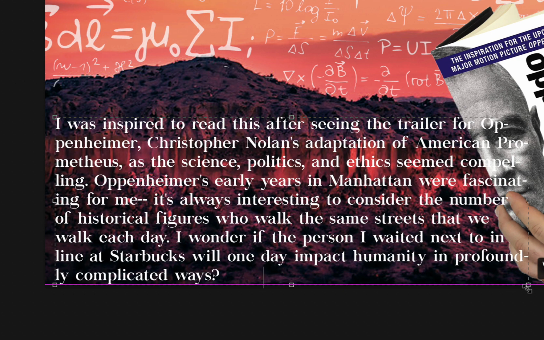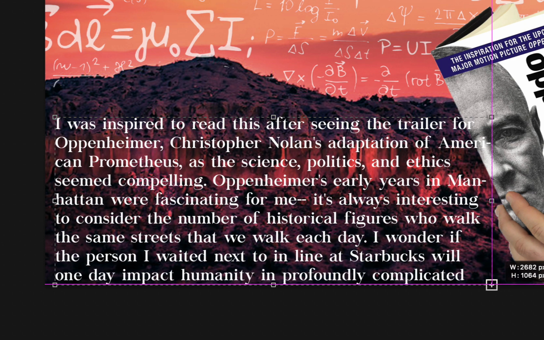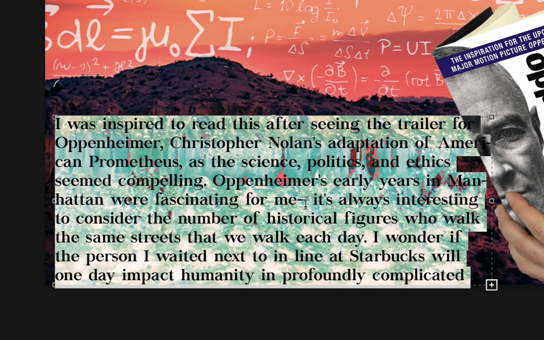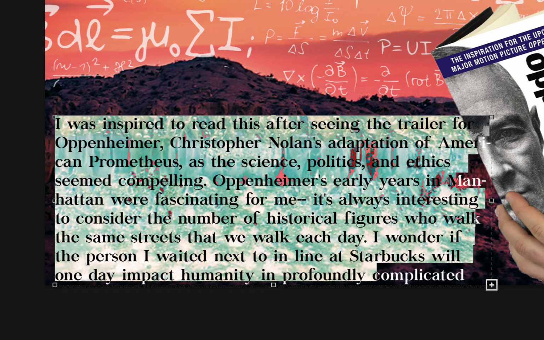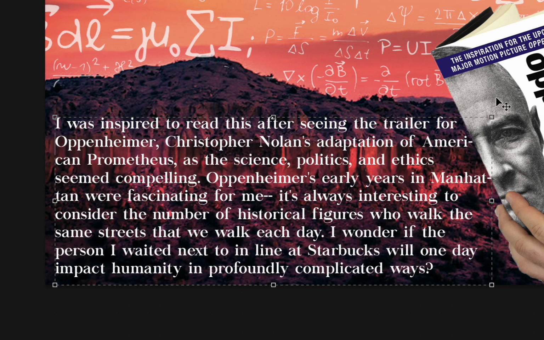And I know that the last word is complicated ways. So I'm going to have this about right there. And I'm going to press Command A, and I'm going to drop down the font size from 22 to 23, and this all of a sudden seems pretty nice.